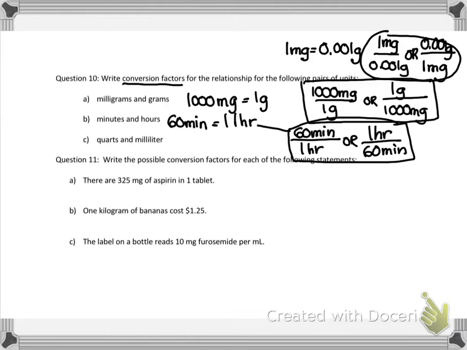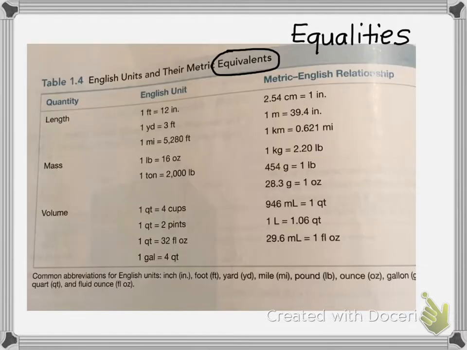And then finally, letter C, quarts to milliliters. Now this is English quarts to milliliters metric, and I don't know that. So this is one I would have to look on a table. So if we come over here, I'm looking at metric to English. And here we go, right there. There's quarts on one side and milliliters on the other. So it's 946 milliliters equals 1 quart.